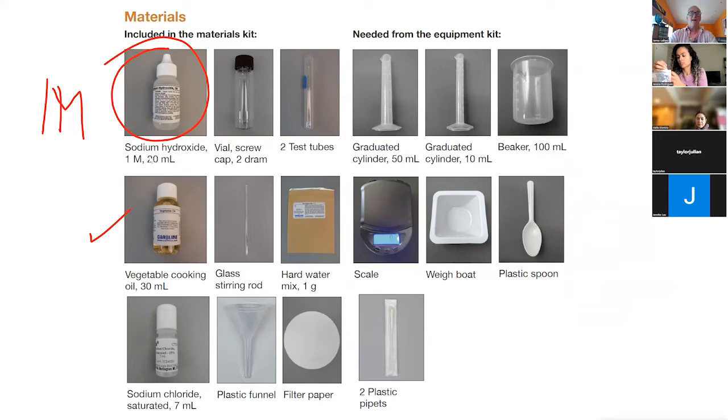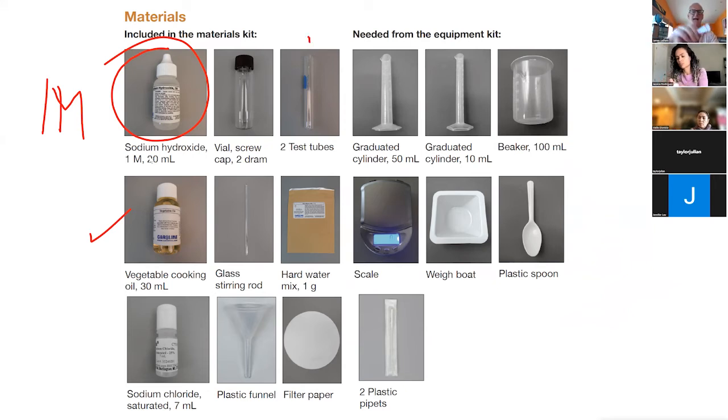Look for a screw cap. It's going to be a glass vial with a black screw cap on it. That's what we're actually going to make the soap in. And those come in these bubble wrapped containers. If you haven't been able to find it, they come in the bubble wrapped containers.